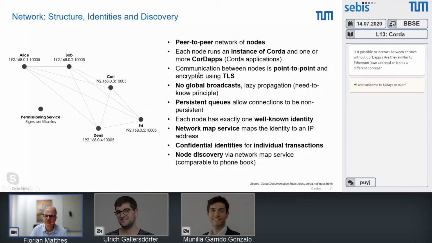The communication, as we said, is point-to-point and encrypted using transport layer security. So if Bob wants to talk to Demi, they communicate directly, and they don't depend on a hopping protocol here. Therefore, we have no global broadcasts. There is something which is called lazy propagation.